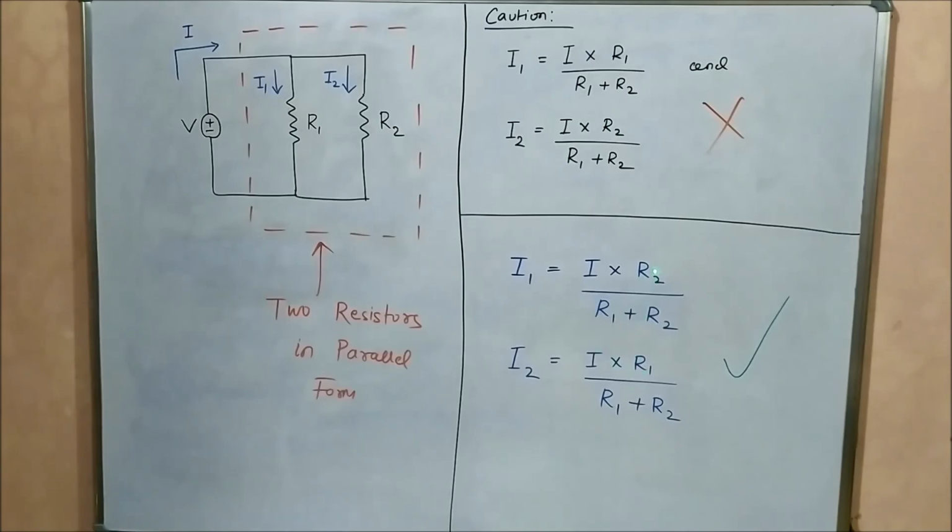It is always the other resistance value with which the total circuit current is multiplied in the numerator. For I1 it is I into R2 by R1 plus R2. For I2 it is I into R1 by R1 plus R2. So please take care of this. Practice writing this as many times as you can until you get it right, and then it will be all right.